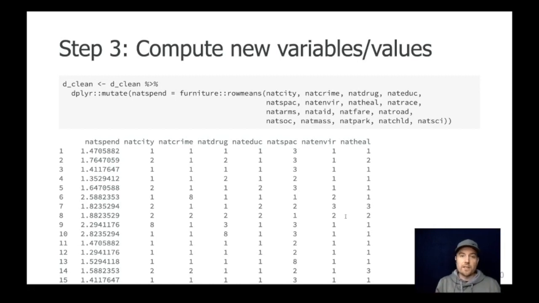Third step, we want to compute new variables or values. In this case, we are getting the row mean, so we're getting the mean of each row for all of these different variables that are in the data set. And we're naming it nat spend. And in this case, I show the code, I show where these functions are coming from.